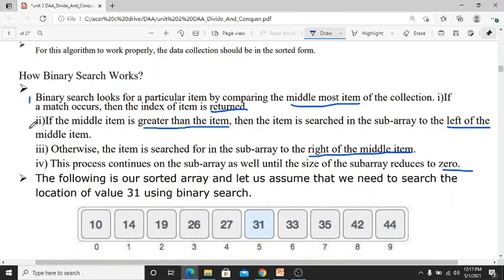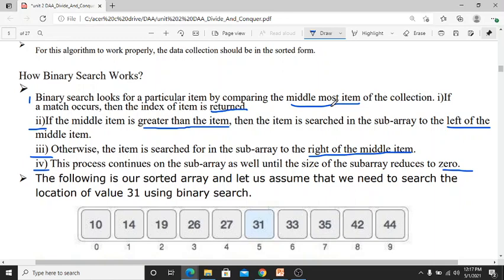The first, second, and third steps, and the fourth step will repeat again and again until we get 0. Once again I will repeat this. First it will look for the middlemost element from the collection, the array.